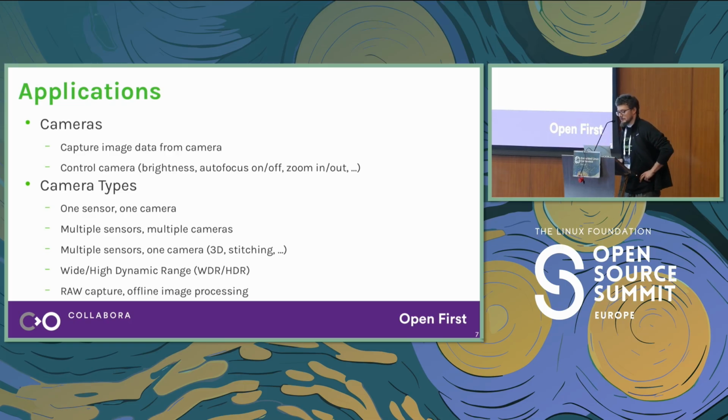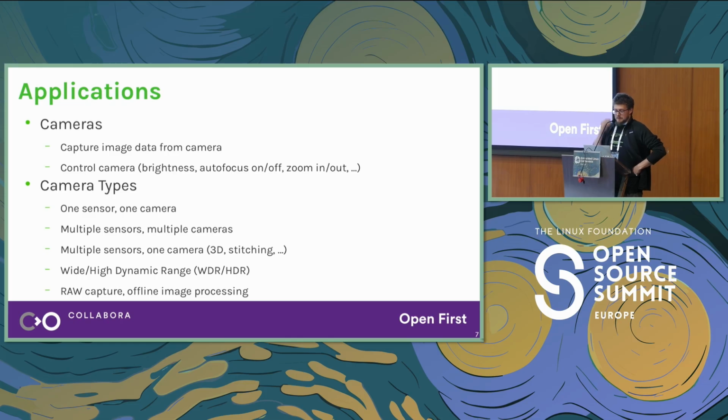Then, even more interestingly, you can have multiple sensors, but one camera, for instance, in a 3D stereo vision setup, or if you want to do stitching, where you combine different camera sensors into one large virtual sensor. Then there's wide and high dynamic range, of course, where you process 2 or 3 frames into one final frame, but then with higher dynamic range.